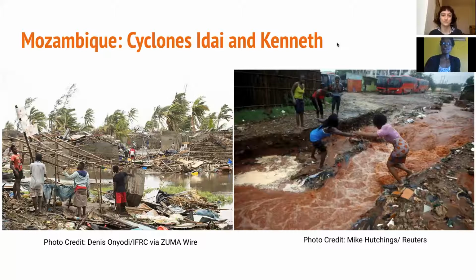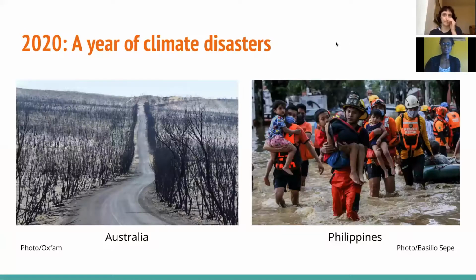Adriana and many of us would be familiar with Hurricanes Eta and Iota that hit Honduras last year during the pandemic that had similar impacts, but of course, mounting on the circumstances of the pandemic. And so more climate disasters that happened last year as well occurred in Australia and the Philippines.